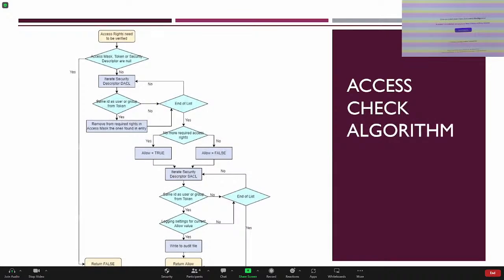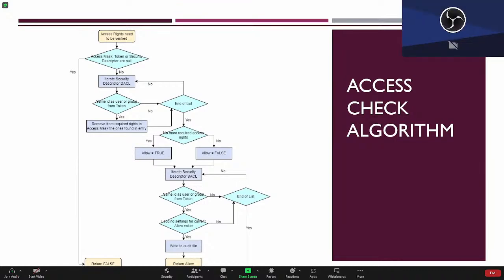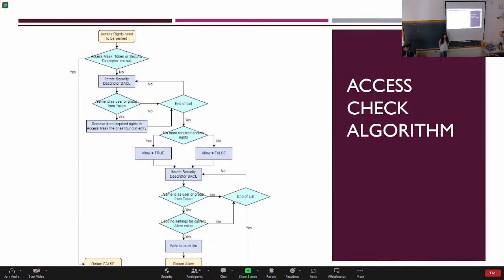This is the state diagram of the access check algorithm, used when we try to determine if a user can perform an action on an object. We iterate through the object's discretionary access control list, and if the SID from an entry in the list matches the one of the user, or the user belongs to the group for which the entry is for, then the rights specified in that entry are deducted from the required rights for accessing that object.